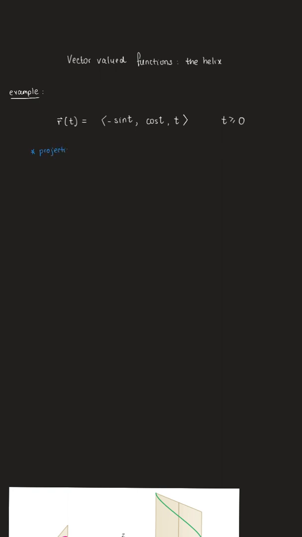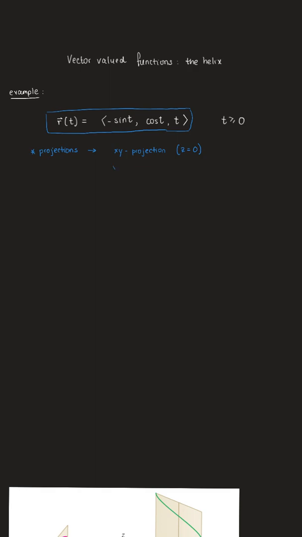So in order to graph this vector valued function, r of t equals negative sine t, cosine t, and t for t greater than or equal to 0, I'm going to use projections. And what that means is I want to see what is the projection of the curve on each coordinate plane. So we're going to explore the xy projection, and to do that, we're going to let z equal 0 so we can see the shadow that the curve creates on the xy plane.